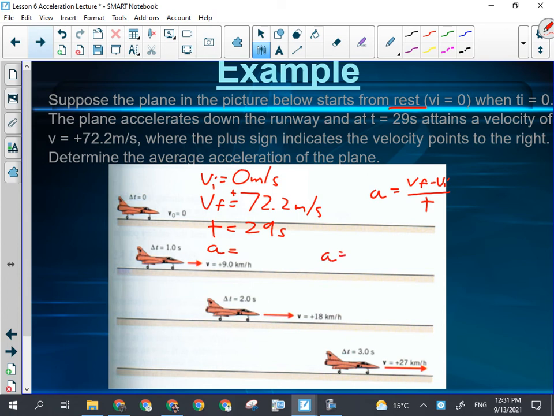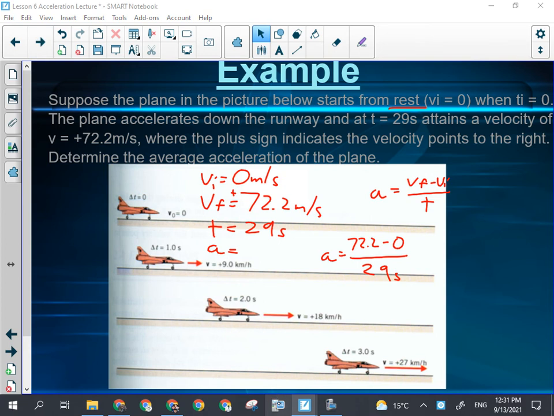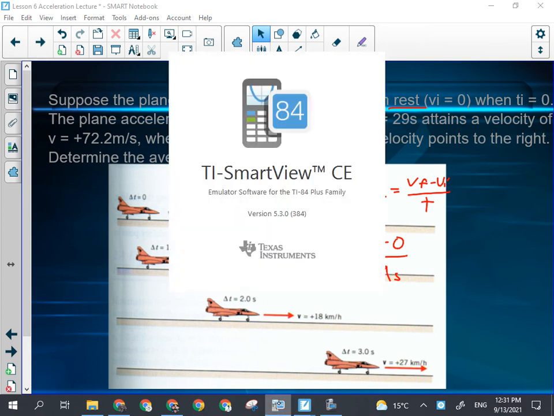So all I have to do is plug in my numbers. Acceleration will be 72.2 minus 0 divided by 29 seconds. When I punch this into my calculator, what do I have to make sure happens? If I punch that into my calculator in the order I have it written, what's it going to do first? It's going to divide, right?